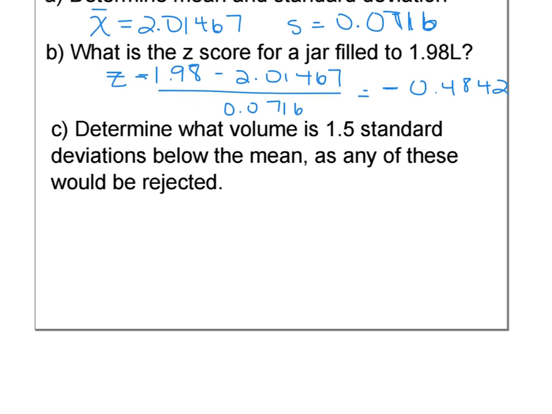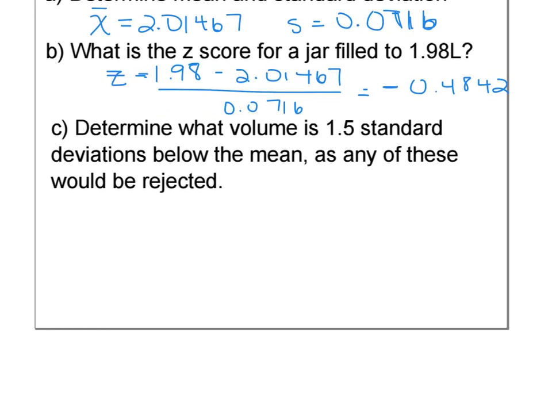Last but not least, what volume is 1.5 standard deviations below the mean, as any of these would be rejected? So now we're trying to find, if we want negative 1.5 standard deviations below the mean, what x value makes that happen.